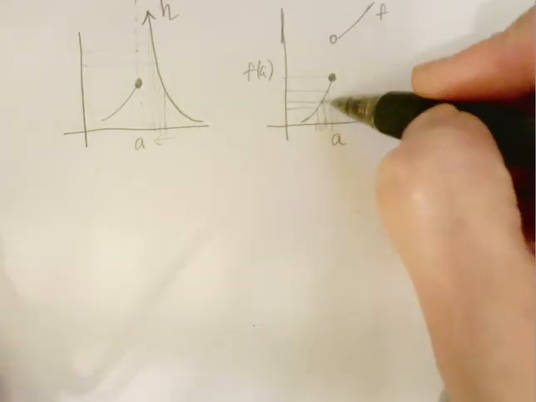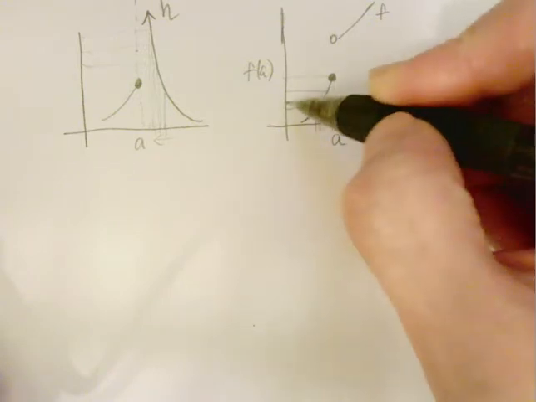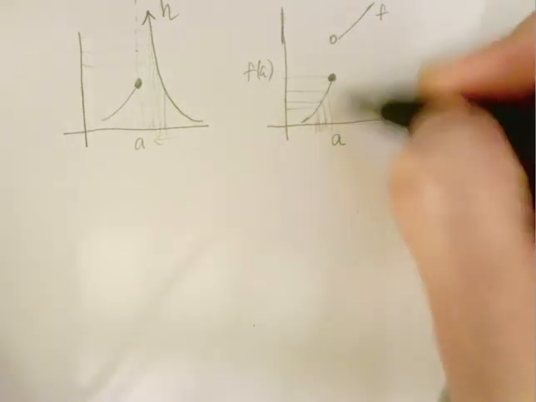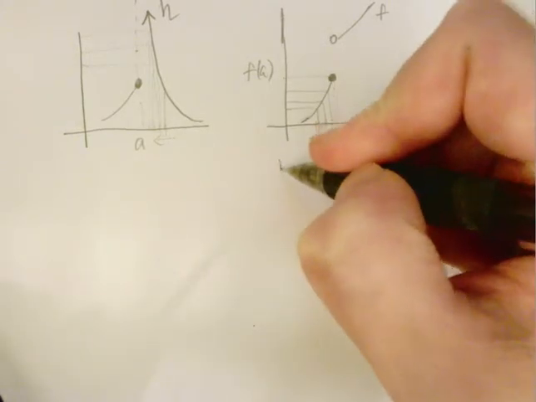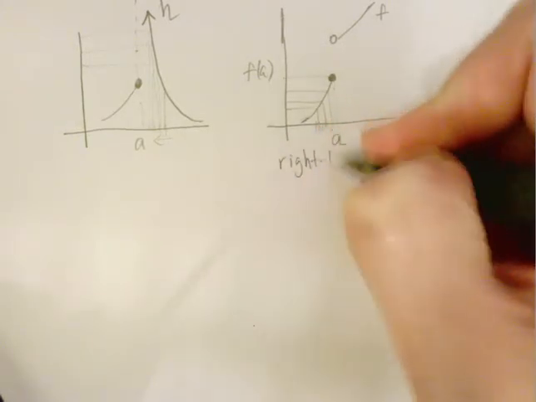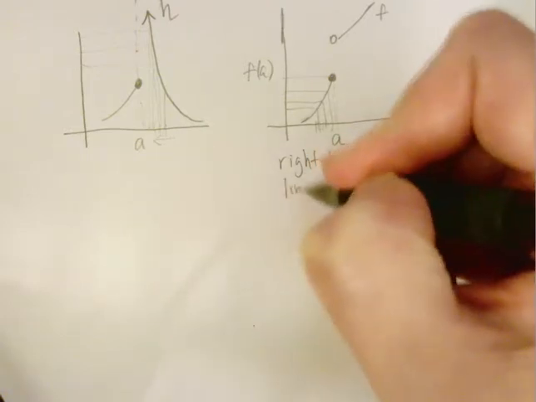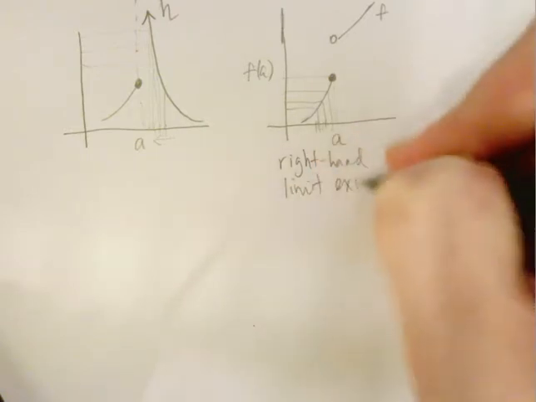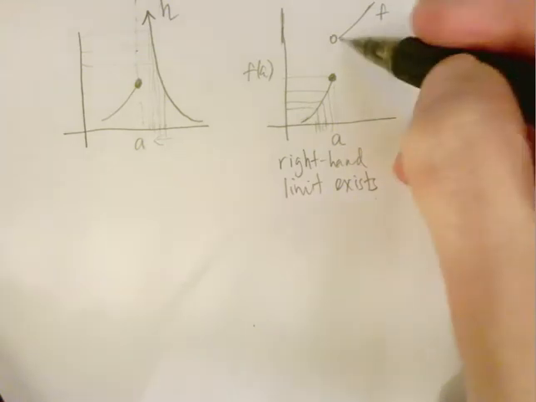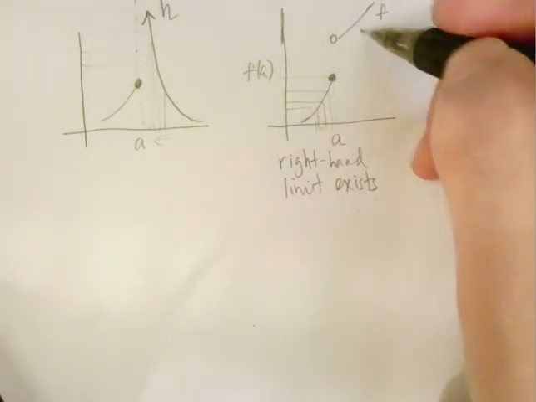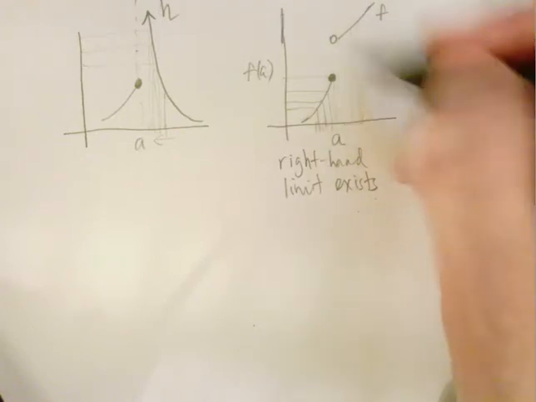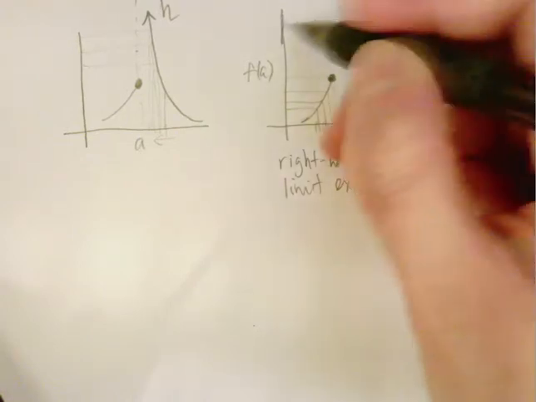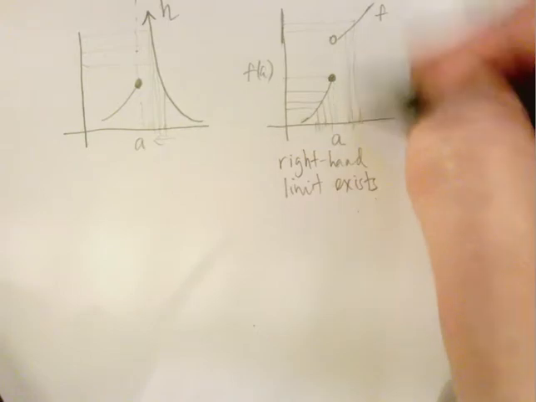Here, I've got good behavior coming in from the right. So in this situation, we say the right-hand limit exists. And in fact, the left-hand limit also exists, because as x approaches a from the right, the function value is getting close to some value.